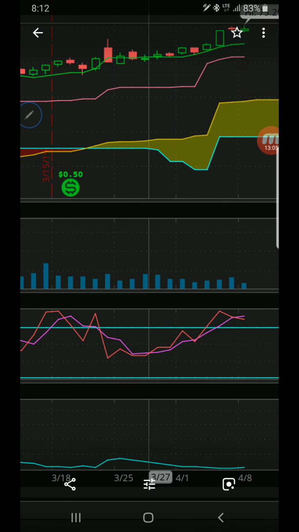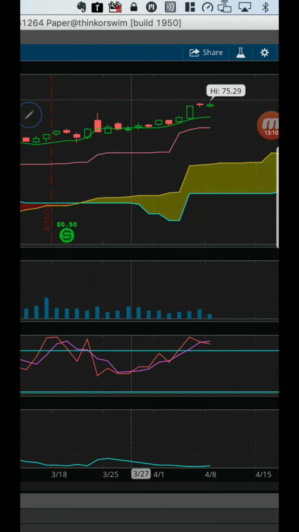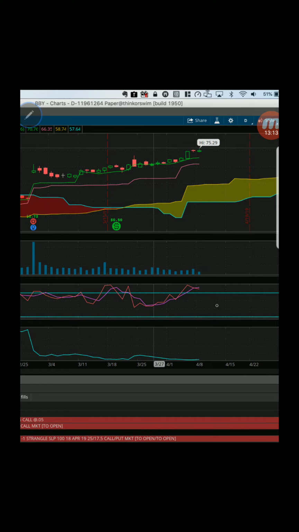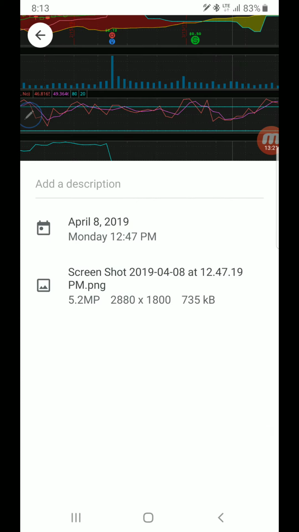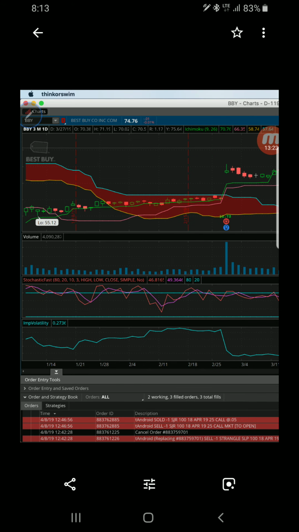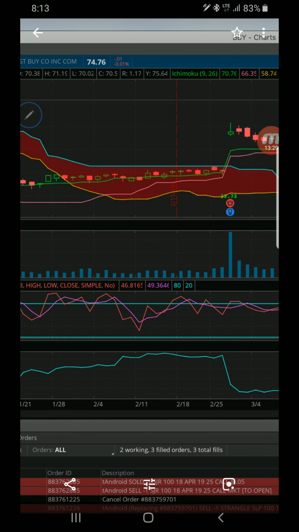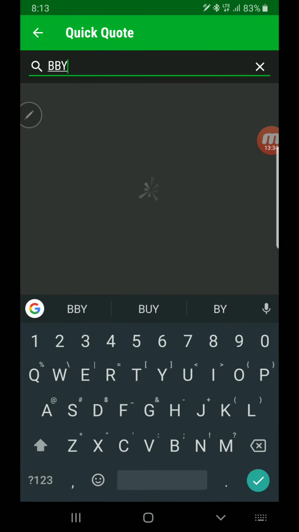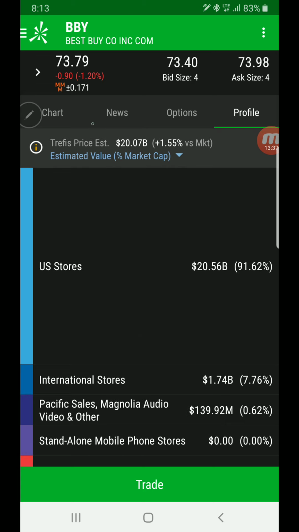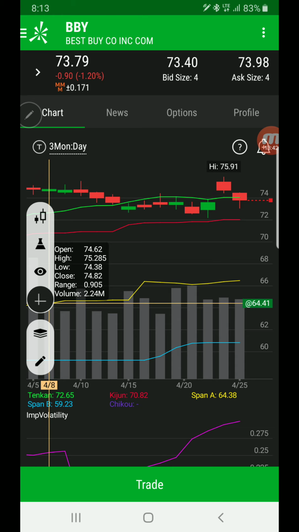So we have a close price above the bullish tenkan, bullish span. Stochastic says oversold. Who cares? We're just going to focus on the Ichimoku. It would be nice to have the Chikou span as an additional confirmation line. But let's see if Best Buy traded above 74.76 since April 8th. So April 8th, 74.